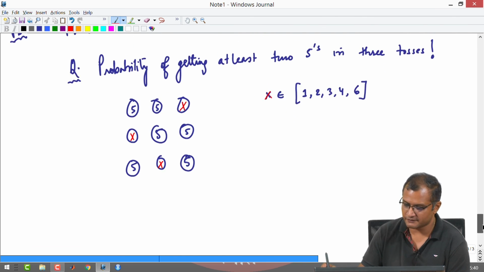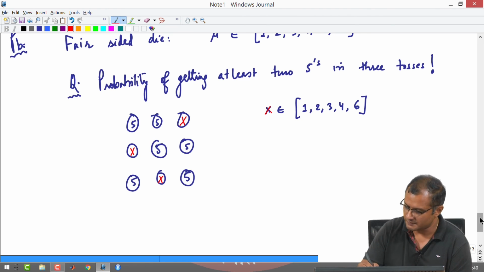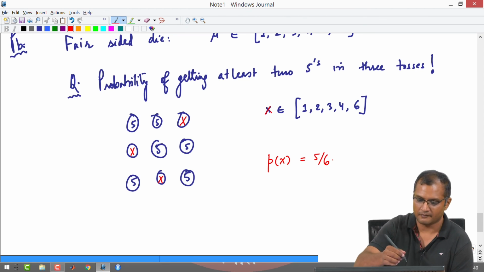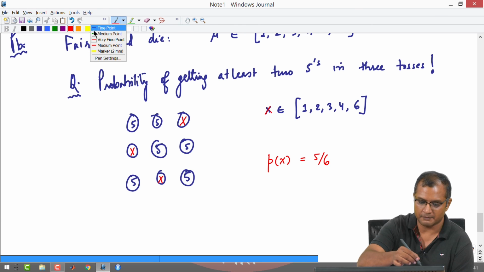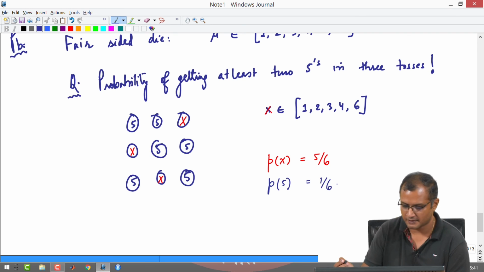The probability of getting an x, which is not a 5, is 5 by 6, and the probability of getting a 5 is 1 by 6.